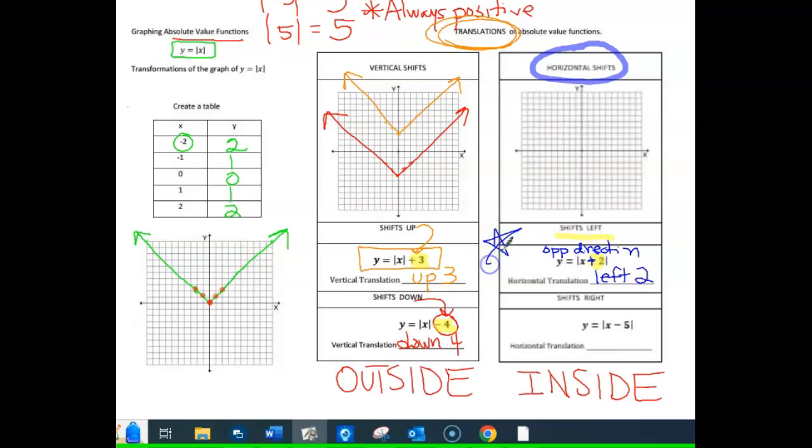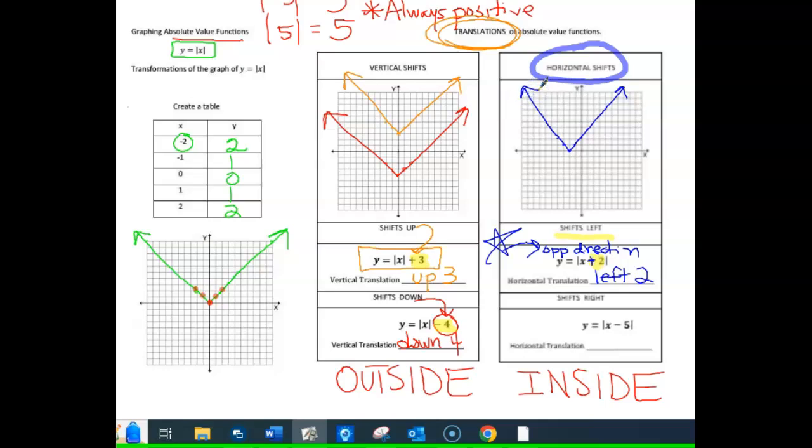It is the opposite of what you would think. So what I'm going to do, take that vertex point, go to 0, 0, but now I shift left 2, and I start with my vertex left 2. Then I make that V pattern, up 1, right 1, up 1, right 1, up 1, left 1, up 1, left 1. Then you grab your ruler and you make your V.